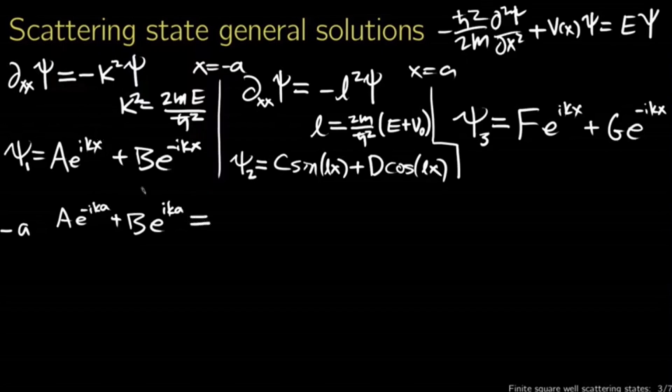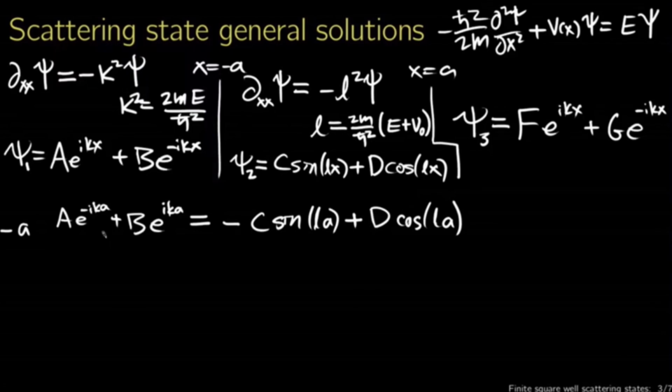That's what I get for this region. That has to be equal to what I get for this region, which in this case I will write as minus c sine La plus d cosine La. Now if I substitute in minus a for x here, I would actually get the sine of minus La, but since sine is an odd function, I'm pulling the minus sign out front and writing this as minus c times the sine of La, just to keep the arguments inside all of the trig functions consistent. So this is our boundary condition for the continuity of psi.